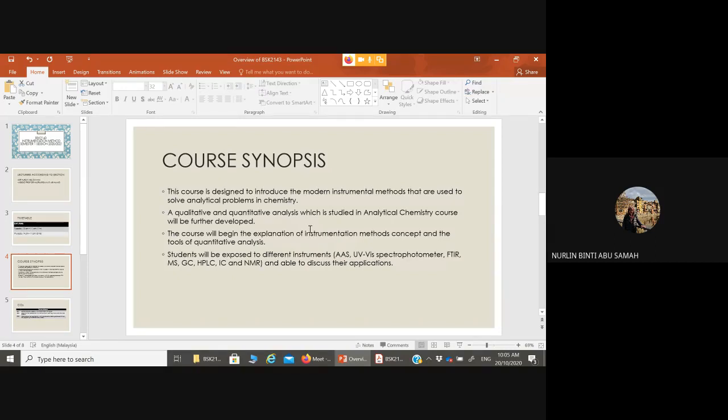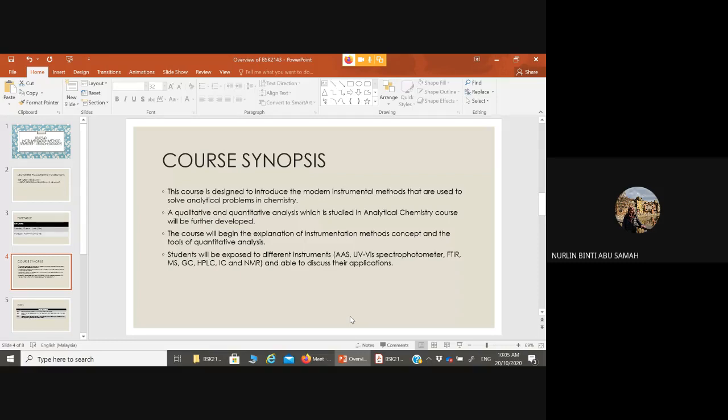A qualitative and quantitative analysis, I believe most of you know the definition of qualitative and quantitative analysis. In order to understand this course, you must have knowledge about analytical chemistry. Next, the course will begin with the explanation of instrumentation methods, concepts, and the tools of quantitative analysis.